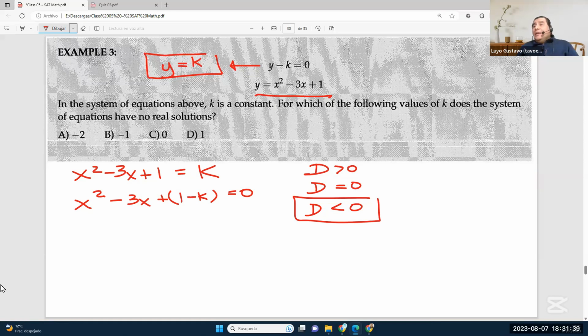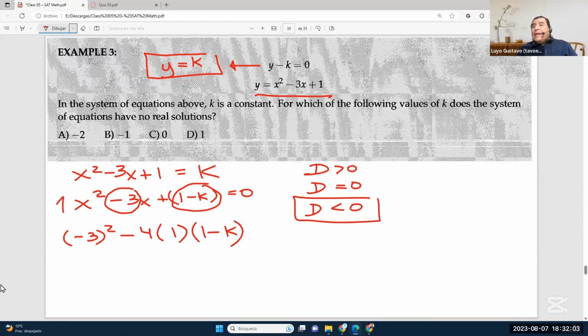Okay, so if the discriminant is less than 0, let's try to calculate. What would be the discriminant in this? Remember, this is A equals 1. Here we have B, and this would be our C. So B squared, -3 squared, take away 4 times A times C. And this should be less than 0.